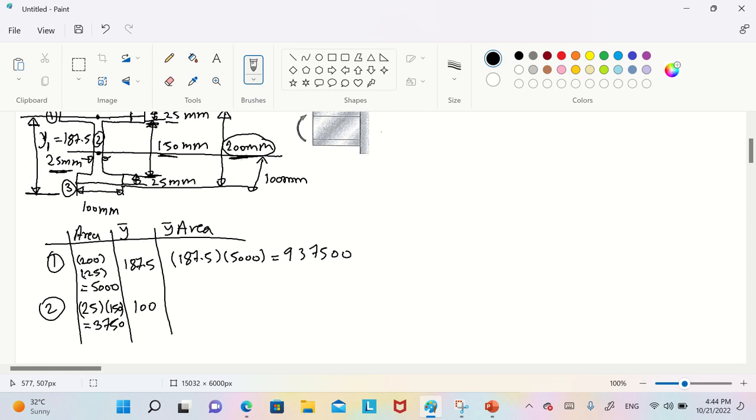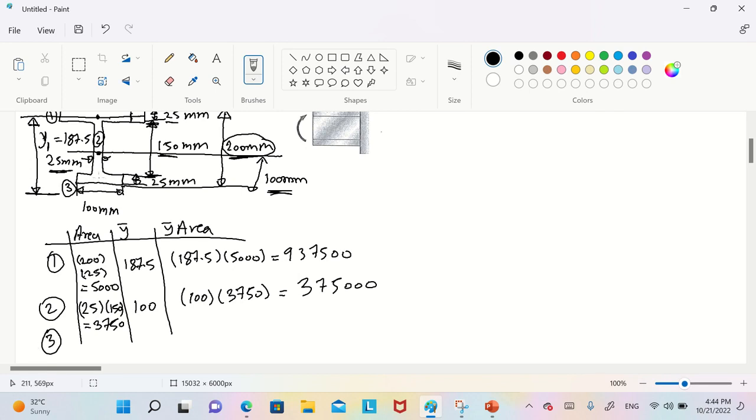So the half of the 200 is the center of the second one, so it is 100. Now the same here, 100 multiplied by 3750. You will get 375,000.